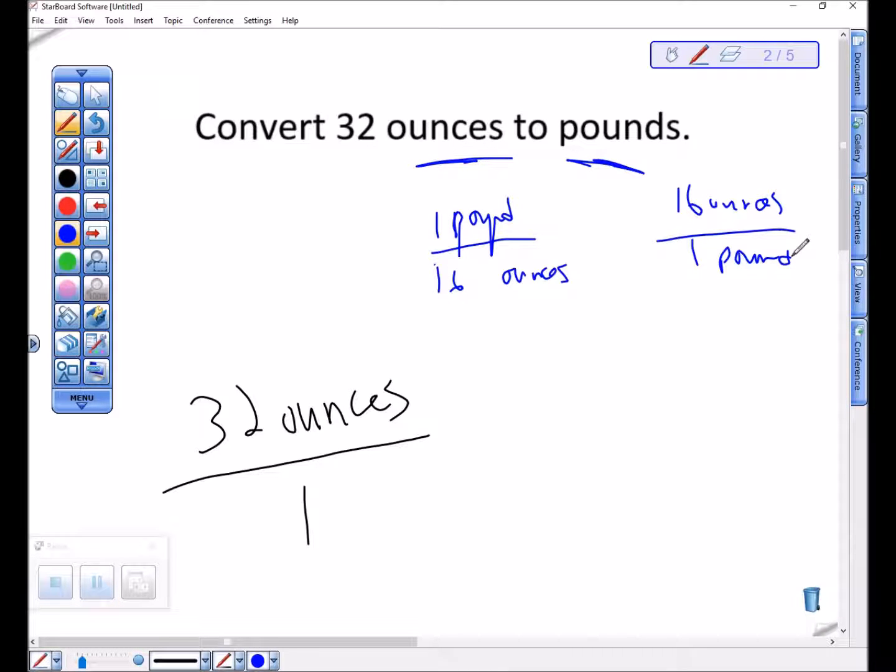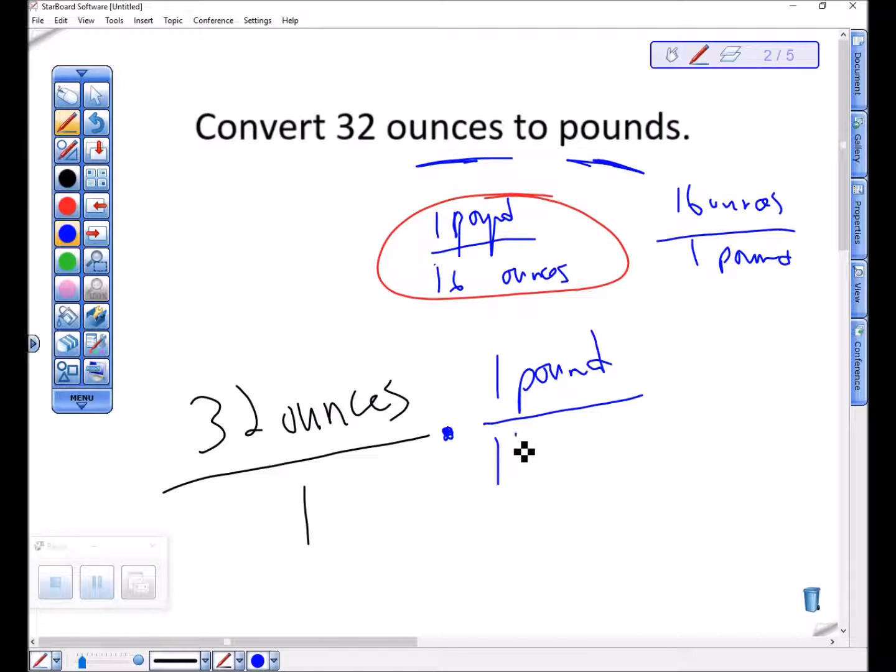The way that I decide which one I want is I'm going to choose the one where my units are going to cancel out correctly. So if I multiply this by 1 pound divided by 16 ounces, then notice I have an ounces in the numerator of this fraction, I have an ounces in the denominator of this fraction, and so those will cancel out.